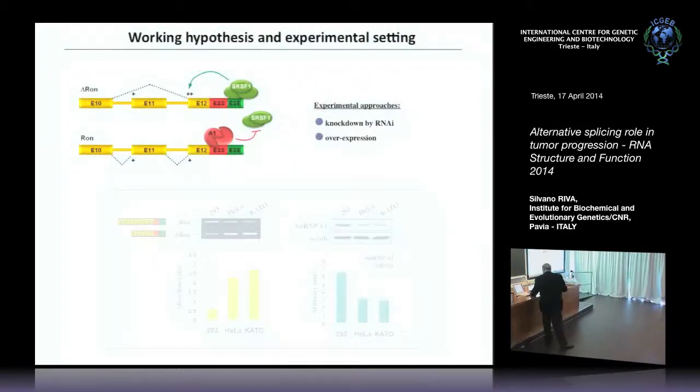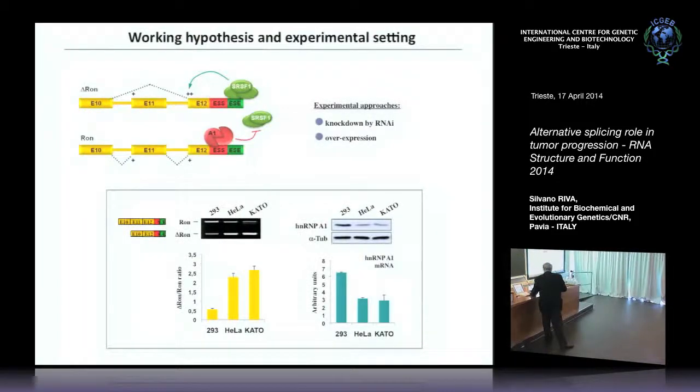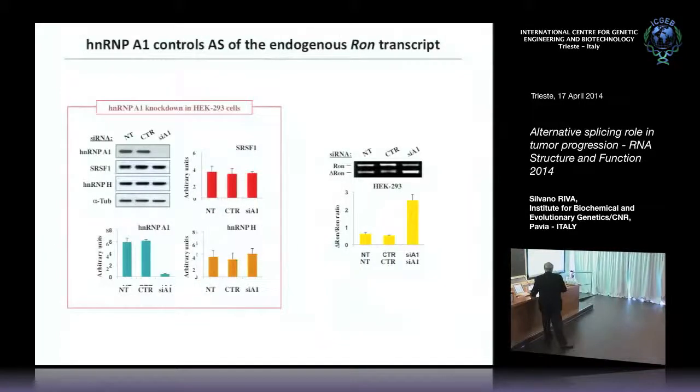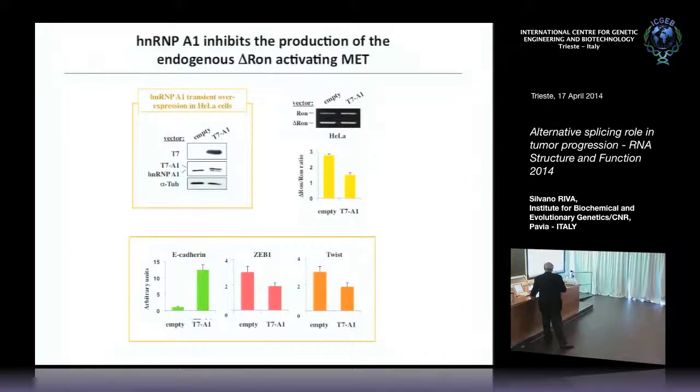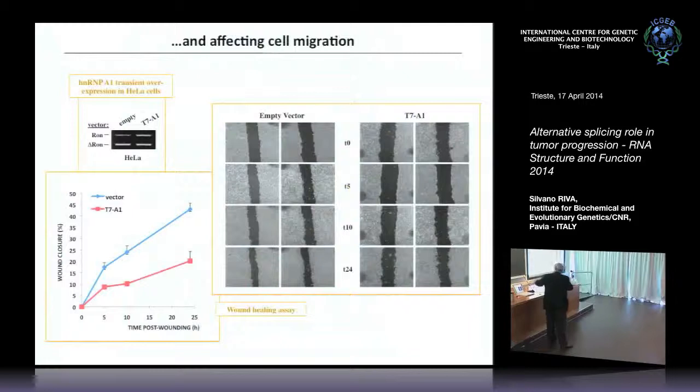So I have to skip everything because that's not the whole story. Because the whole story, it turns out that HNRNPA1 does the opposite of what SF2 does. It induces the reverse process, mesenchymal to epithelial transition, and it affects cell migration.